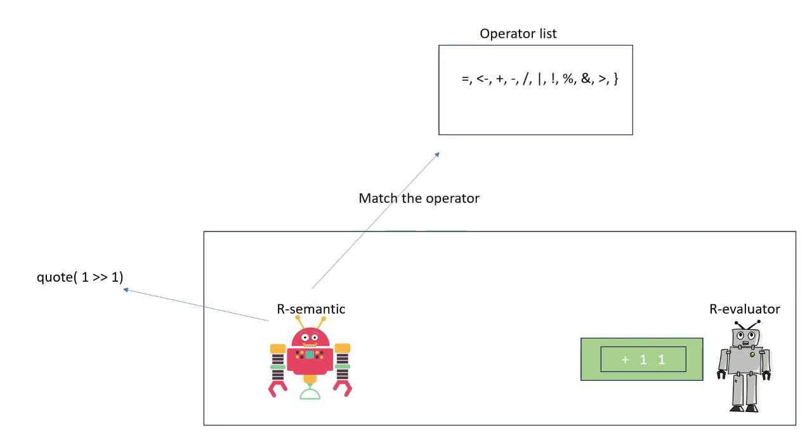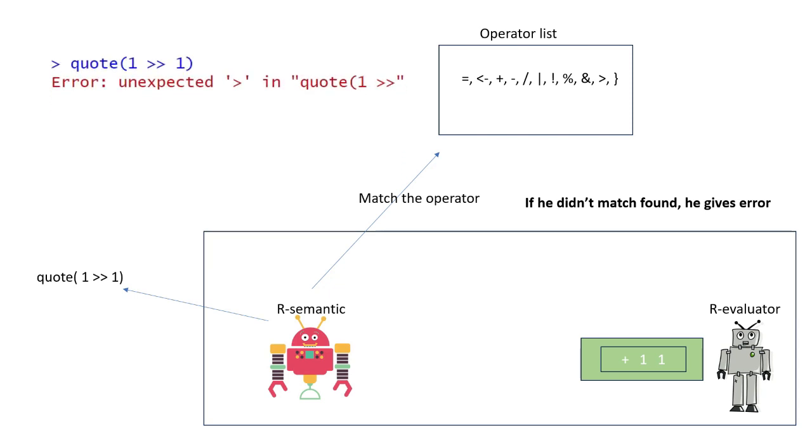First it checks the list of operators present in the R library and tries to match from this list. If it does not find anything, then it gives an error, like it expected a greater than symbol, but you typed this. This type of error message it gives to you.